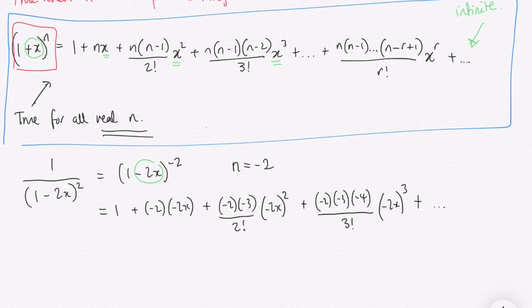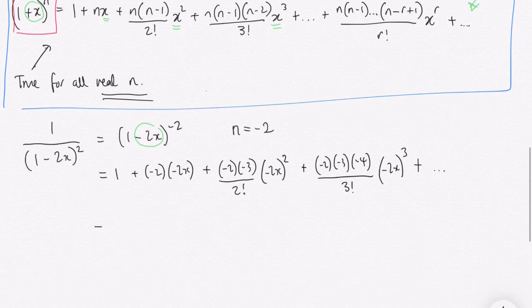So now I'm just going to simplify this. So we get 1, and then we have negative 2 times negative 2, which is positive 4, so positive 4x. And then here we have minus 2 times minus 3, so that is going to be 2 times 3 over 2 factorial.